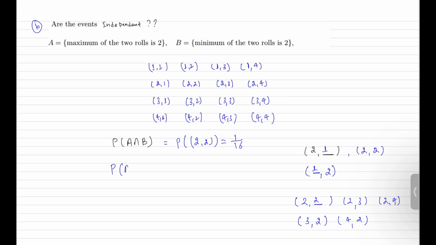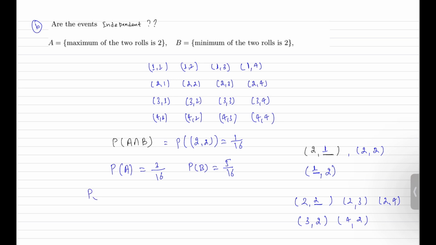And if we look at the individual probabilities, the probability of A is 3 divided by 16, and the probability of event B is how many? We have 5 divided by 16.